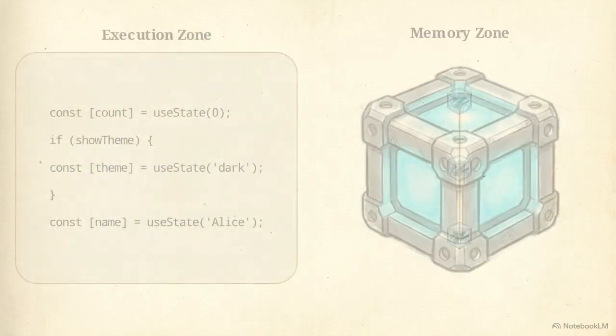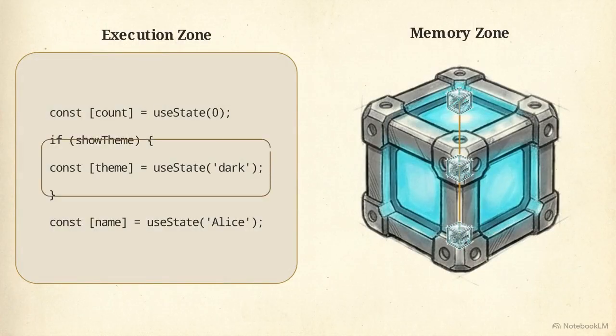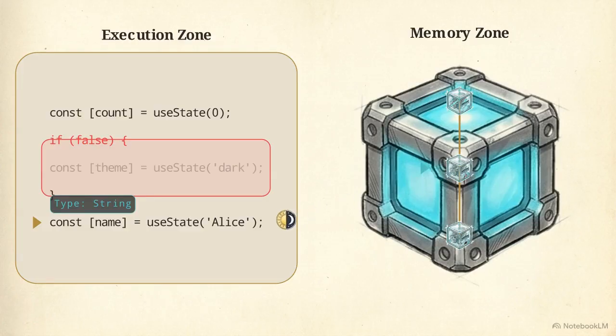We can observe the failure of this system by wrapping a hook in a conditional if statement. If the if condition evaluates to false during the third render cycle, the component skips that hook during execution. Line 1 executes and reads node 1. The code skips the second hook. Unaware of the skip, the internal pointer advances one space to node 2. A collision occurs.